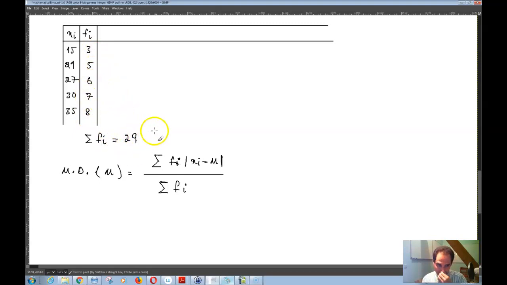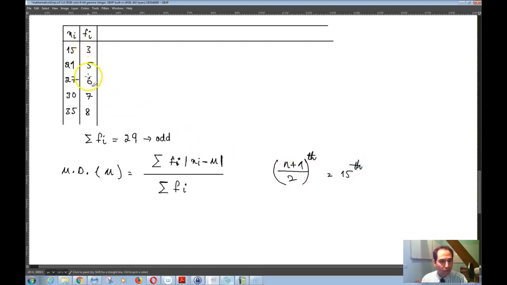It's an odd number. Whenever you get an odd number, the observation that comes in the middle is given by the (n plus 1) divided by 2th observation. Meaning that 29 plus 1 is equal to 30, 30 divided by 2 is the 15th observation.